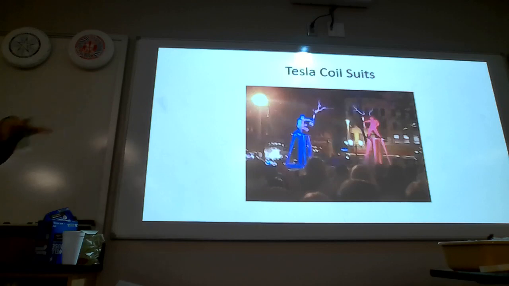Tesla coils create lightning with a whole different reasoning, but there's a certain frequency that you get electrons going, and so the lightning will make a buzzing sound. If you change the frequency of the Tesla coil, you can make the lightning buzz a different tone.